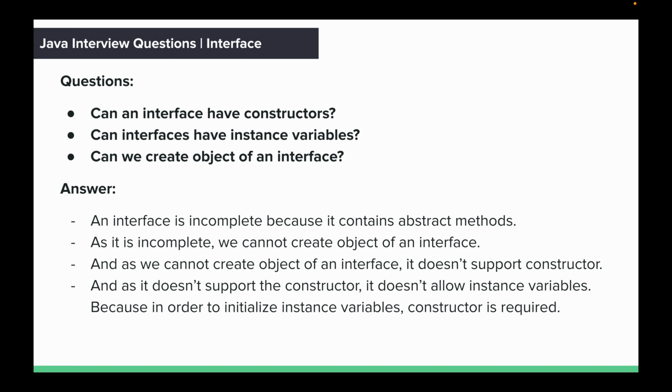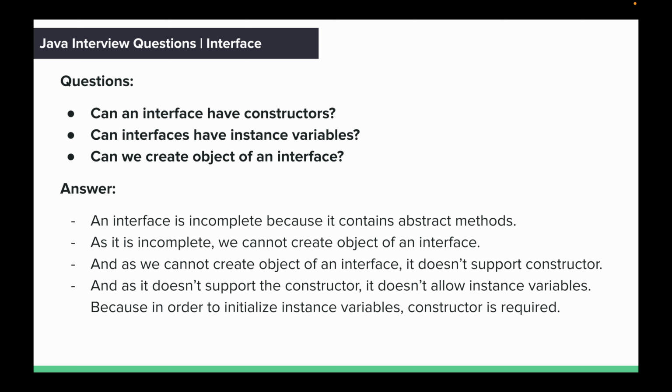Now the next questions that we have is, can an interface have constructors? Can interfaces have instance variables, or can we create object of an interface? So these are kind of similar questions. The answer is pretty simple. An interface is incomplete because it contains abstract methods, right?